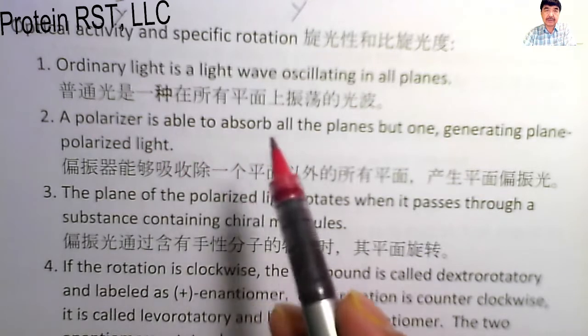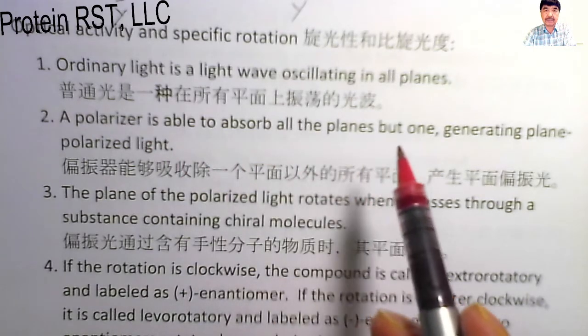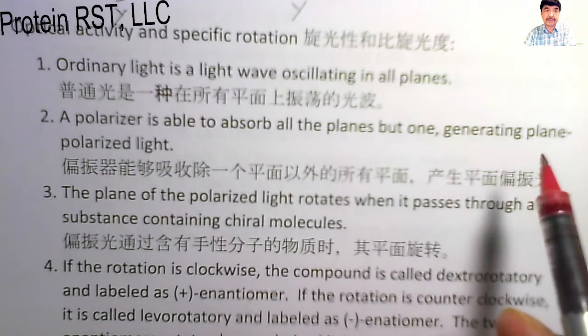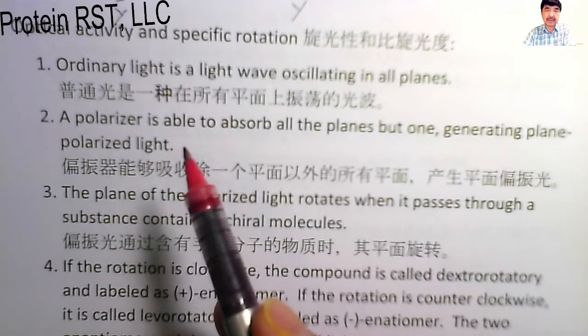A polarizer is able to absorb all the planes but one, generating plane polarized light.